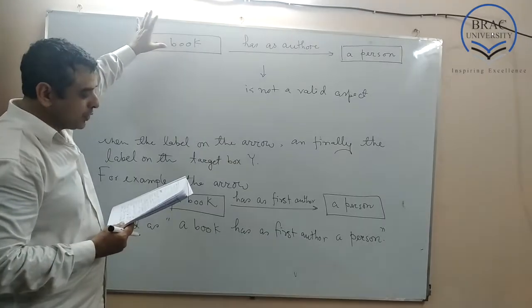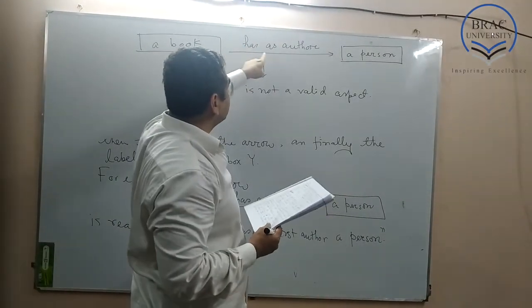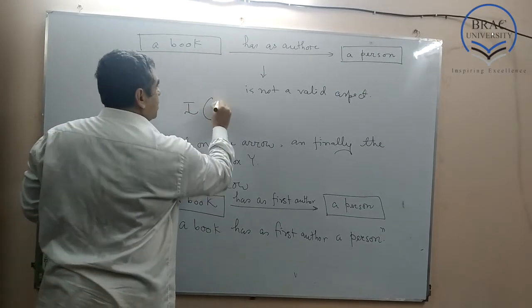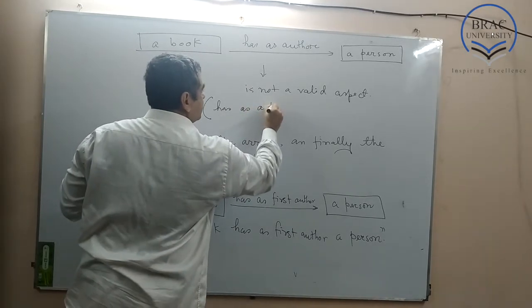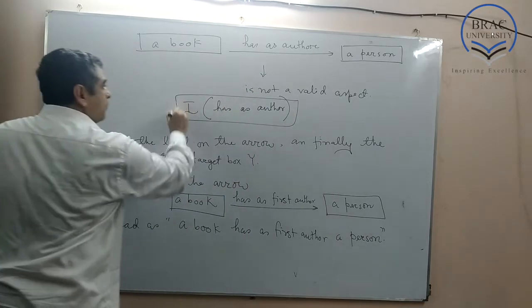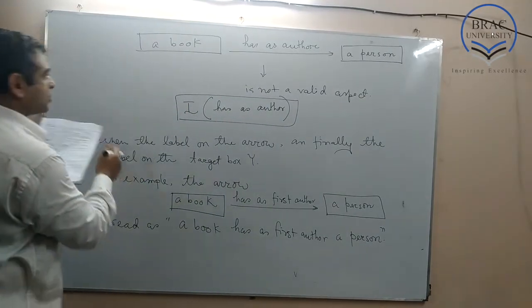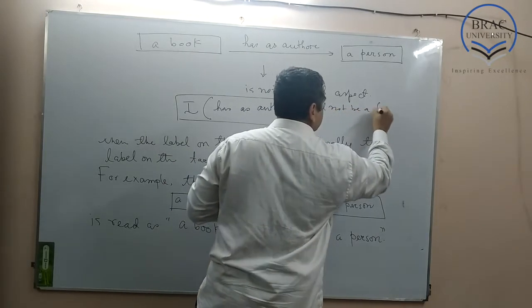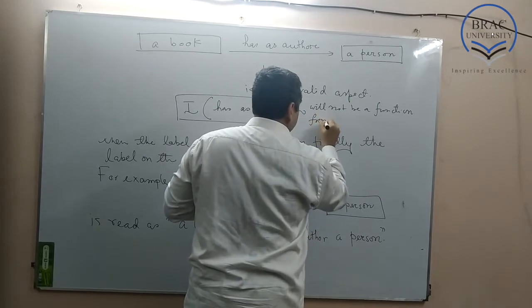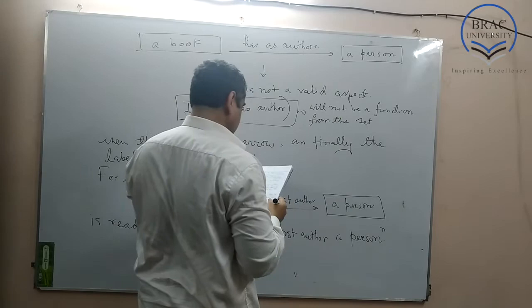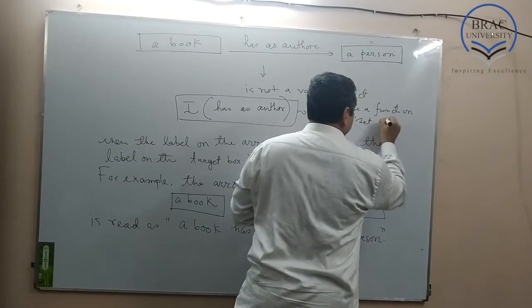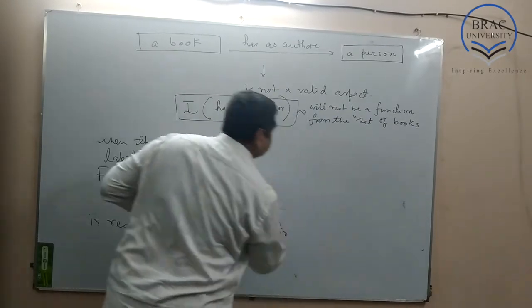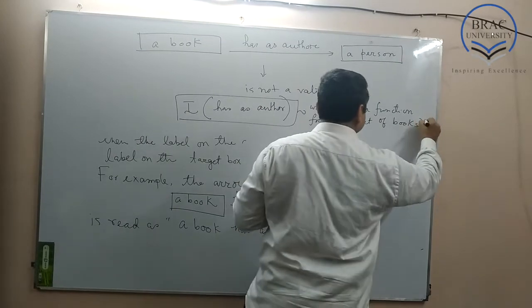The action of the instance functor: if the instance functor acts on this aspect has as author, this will not be a function from the set of books to the set of persons.